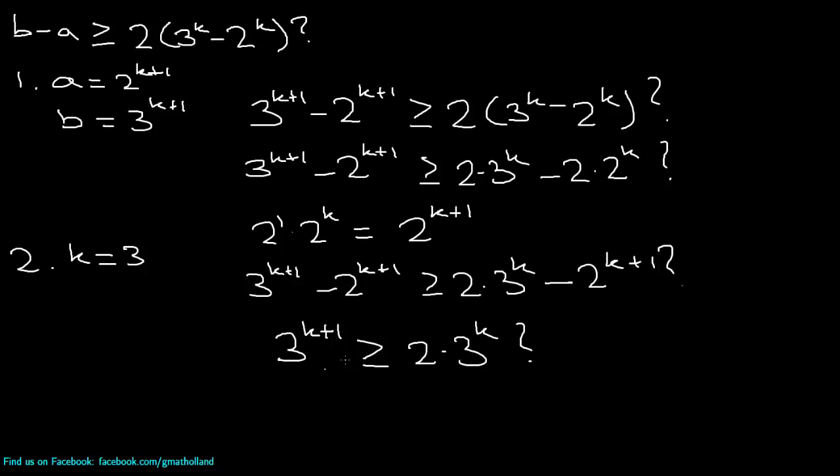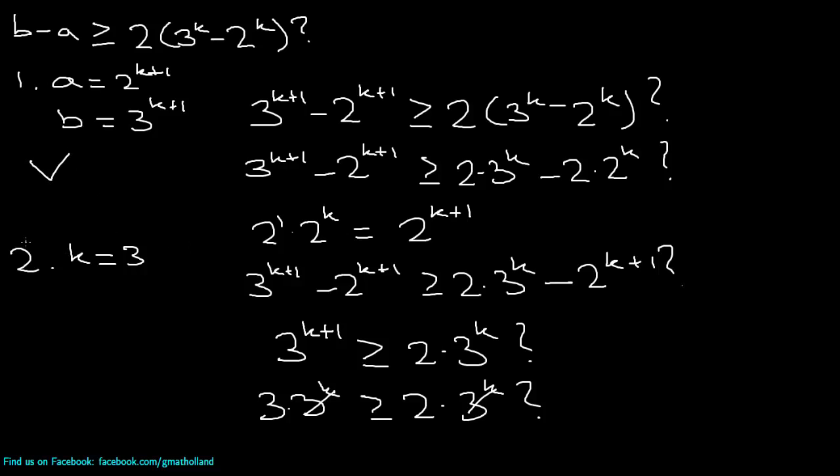If we rewrite 3 to the power of k plus 1 as 3 to the power of k times 3, then the comparison is complete, because we can now remove 3 to the power of k from both sides by dividing it out. And the question now is if 3 is greater than or equal to 2, which is of course correct because 3 is greater than 2. And so the first piece of information is correct.